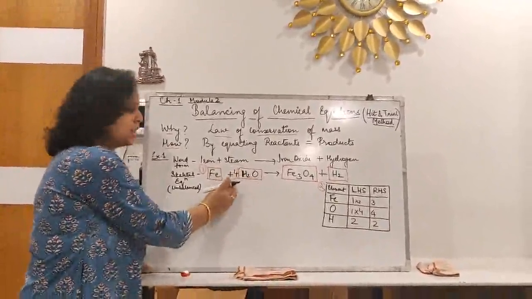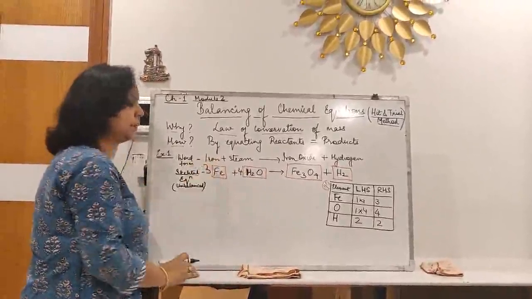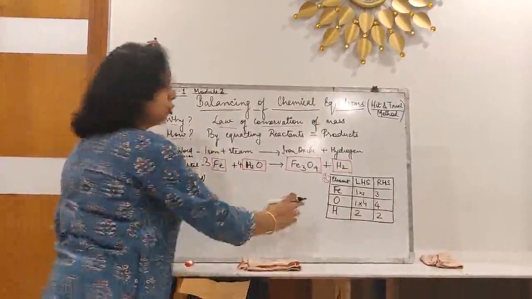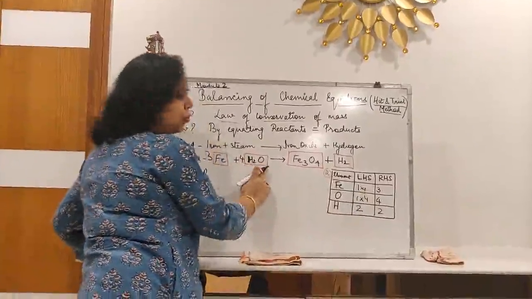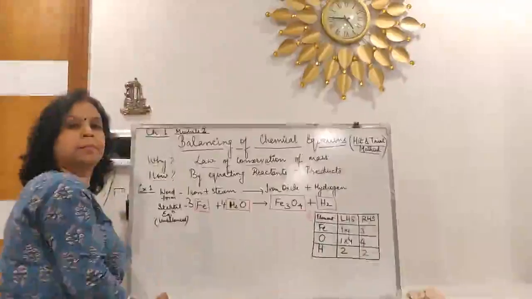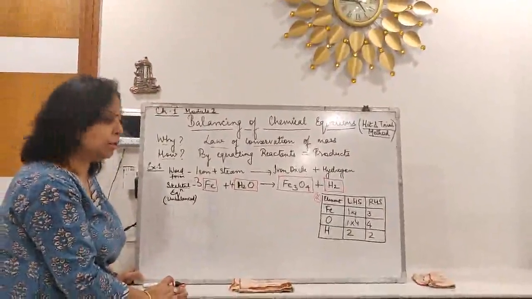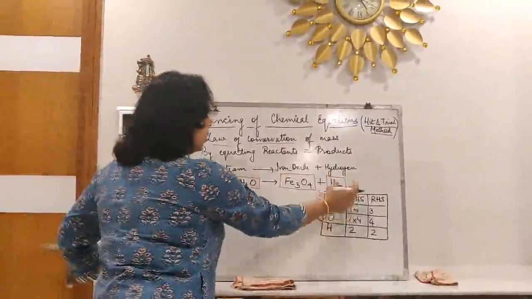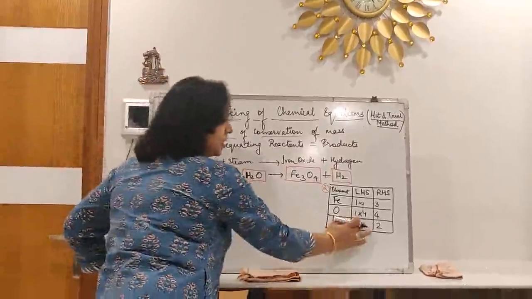I have to place 4 over here, isn't it? So, by multiplying H2O by 4, there is a change in the number of hydrogen atoms also. Like, now the left hand side hydrogen atoms become 8.